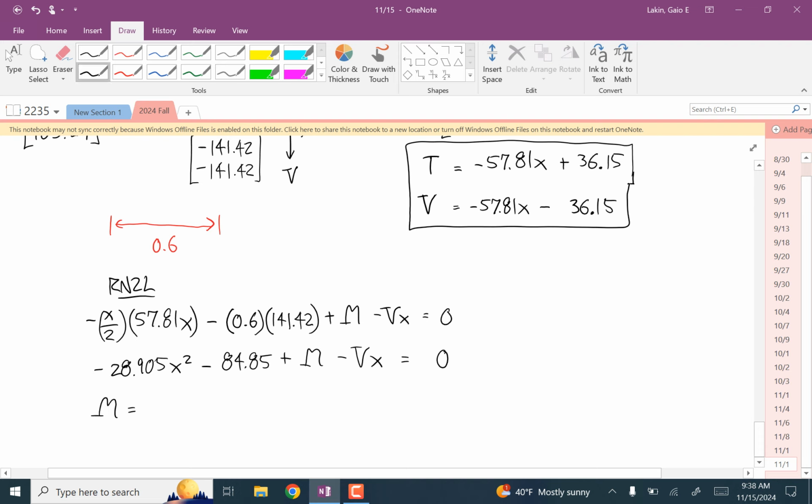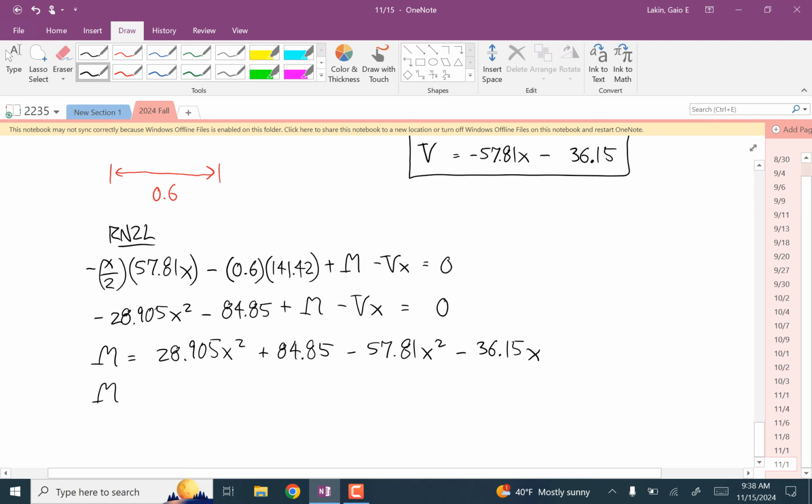So m is equal to negative 28.905x squared. That should be positive. Plus 84.85 minus 57.81x squared minus 36.15x.